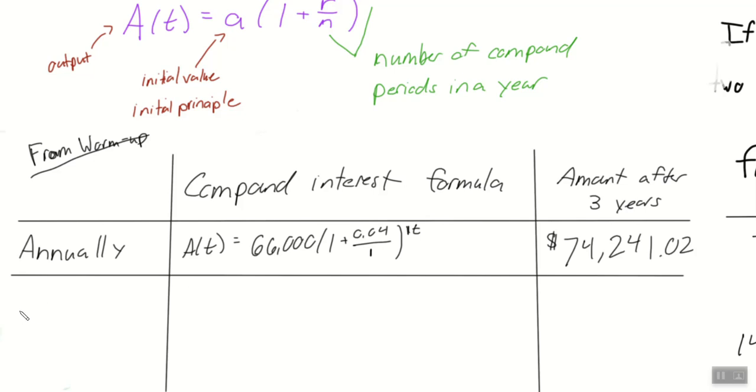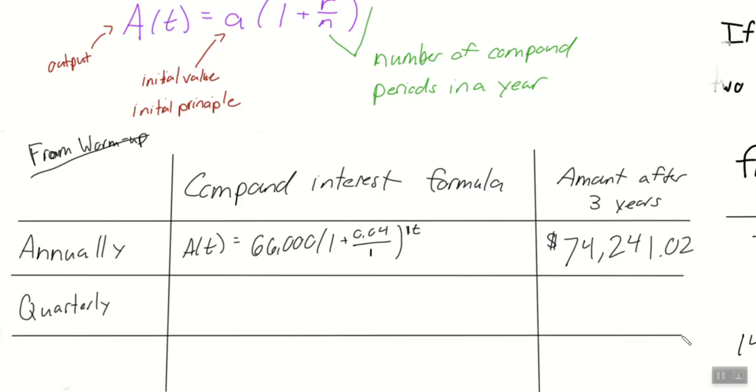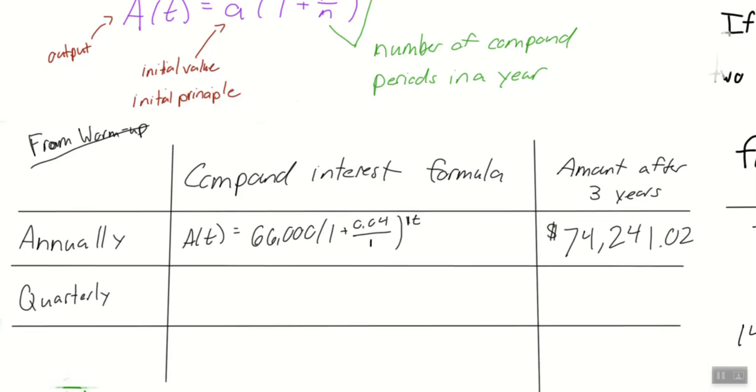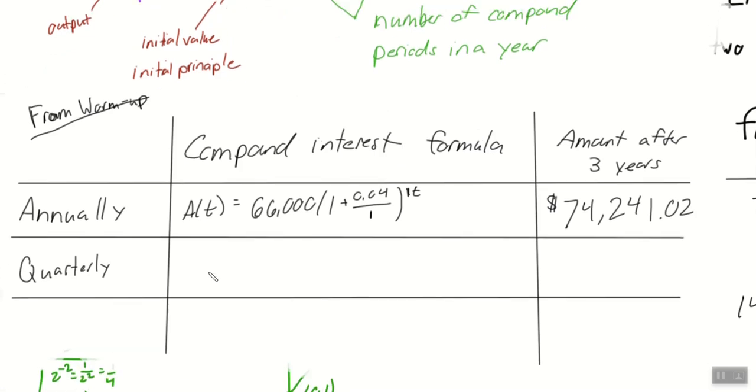Okay, let's do quarterly next. How many quarters are there in a year? 4. So like in school, you have quarter 1, quarter 2, quarter 3. Normally in a year, each quarter is about 3 months long. So if I was doing it quarterly, what number am I changing in this equation?